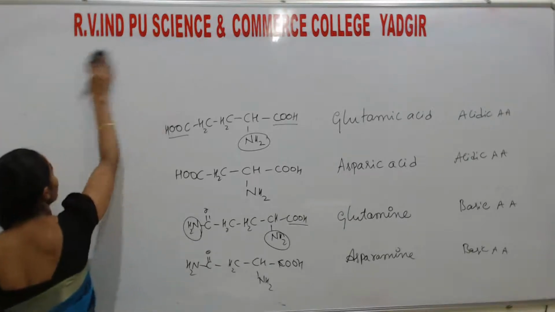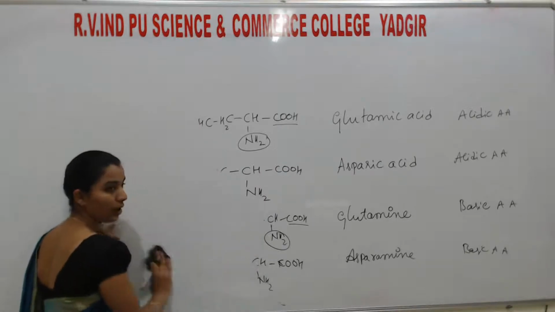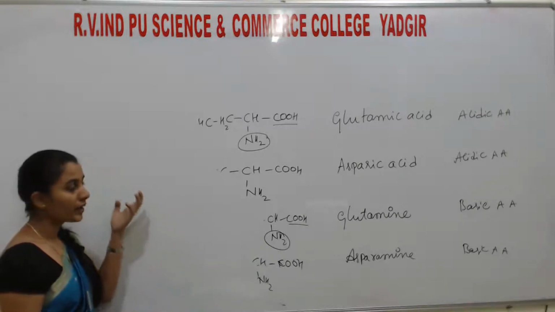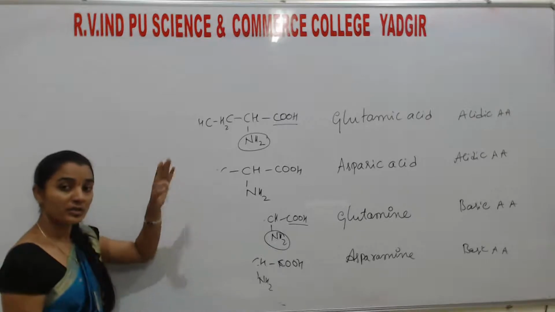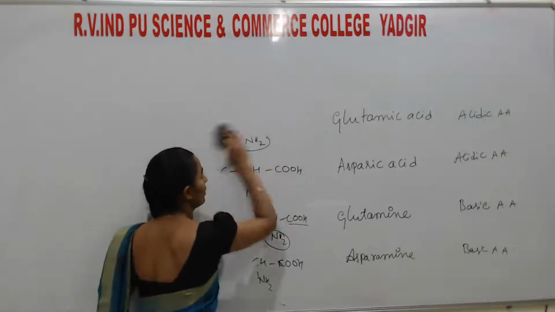So students, the next topic is how the proteins are going to form in our body. As I told you, proteins are the polymers of amino acids. Understand what I said?